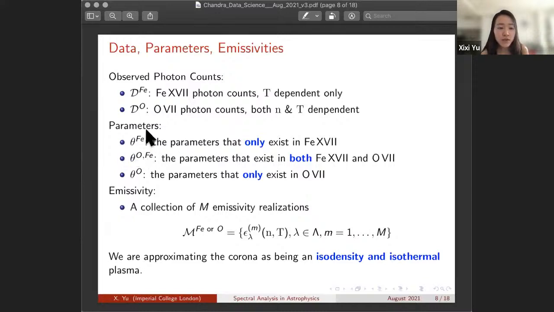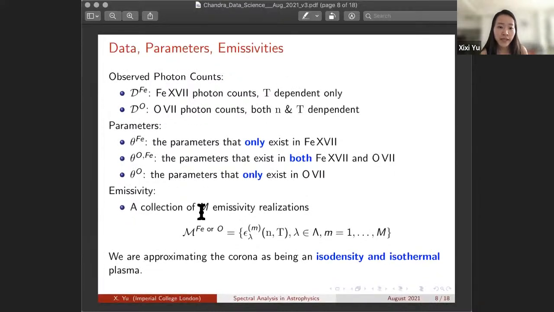For simplicity, we summarize the parameters into three sets. Theta iron represents the parameters that only exist in the iron 17 model, and theta oxygen represents the parameters that only exist in the oxygen model. Then theta oxygen-and-iron represents the common parameters that exist in both the iron 17 and oxygen 7 models.